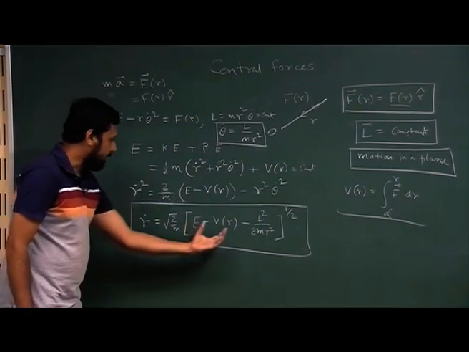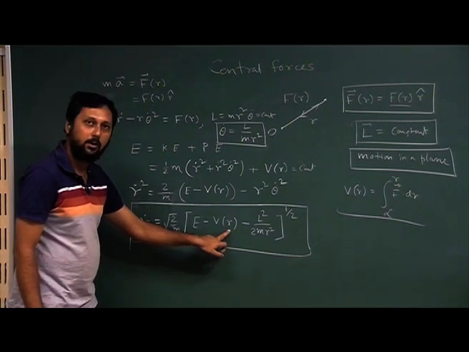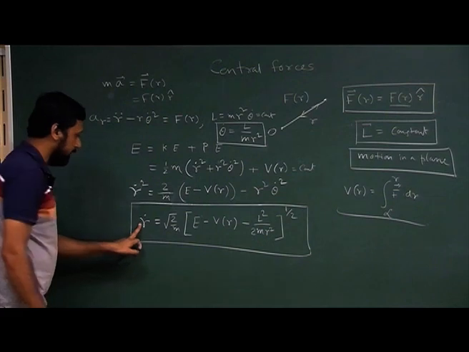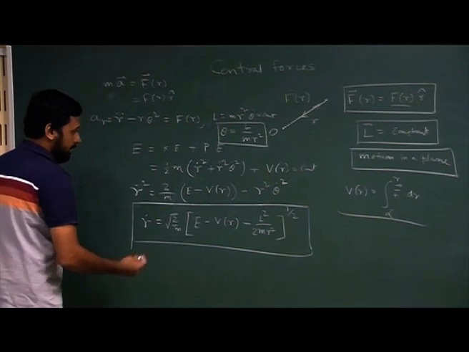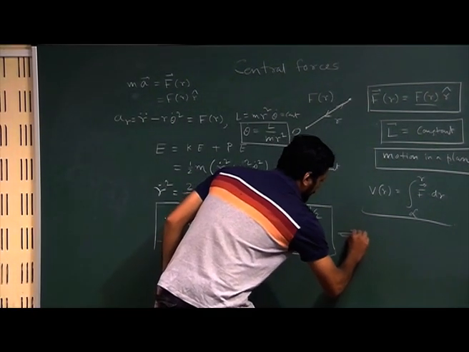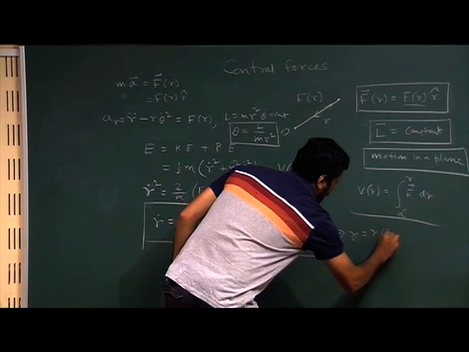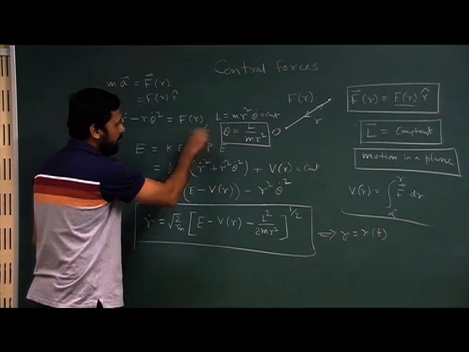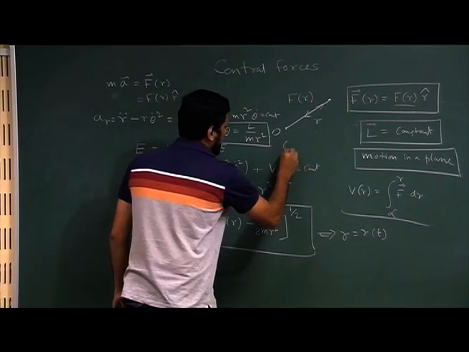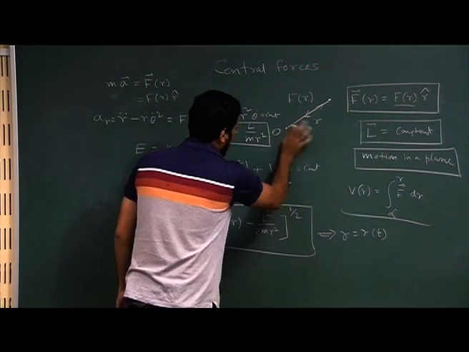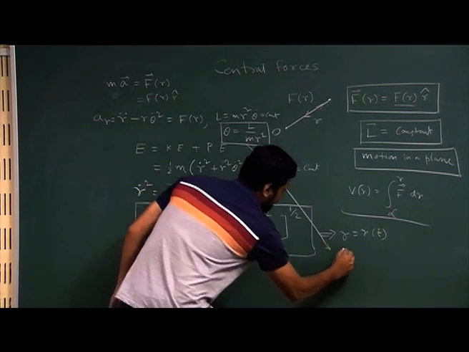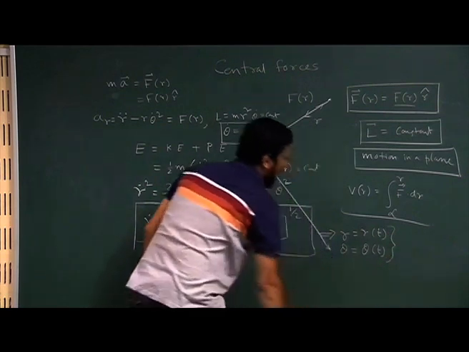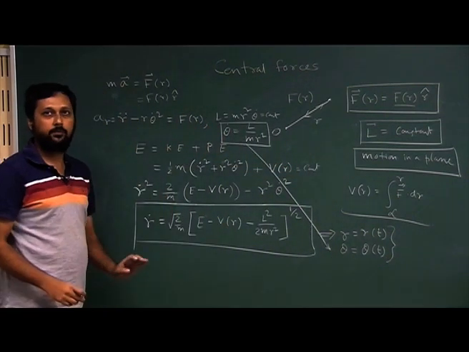So, we have a right hand side which is a function of r only, and in the left hand side we have dr/dt. So, we can integrate this equation to get r as r of t, then we can put it back in here, and we can integrate this equation to have theta as theta of t, and the trajectory is solved.